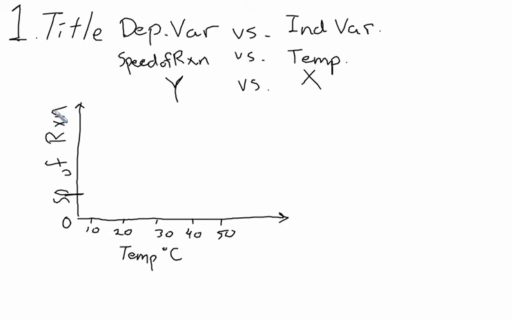I'm not quite sure what the units will be for that one, so I'm going to leave it blank for now. One thing to point out is your units should always be in parentheses, just like that. And from there, you can plot your points. Oops, I forgot to create a little scale here.